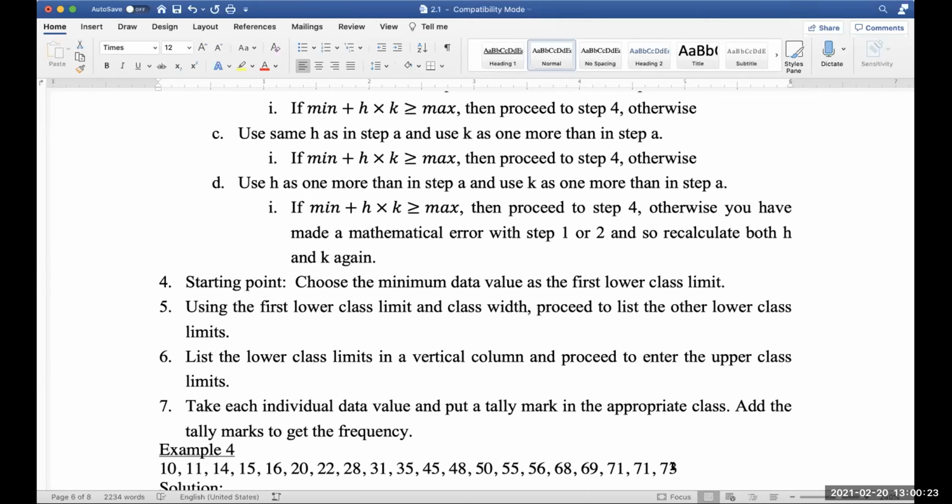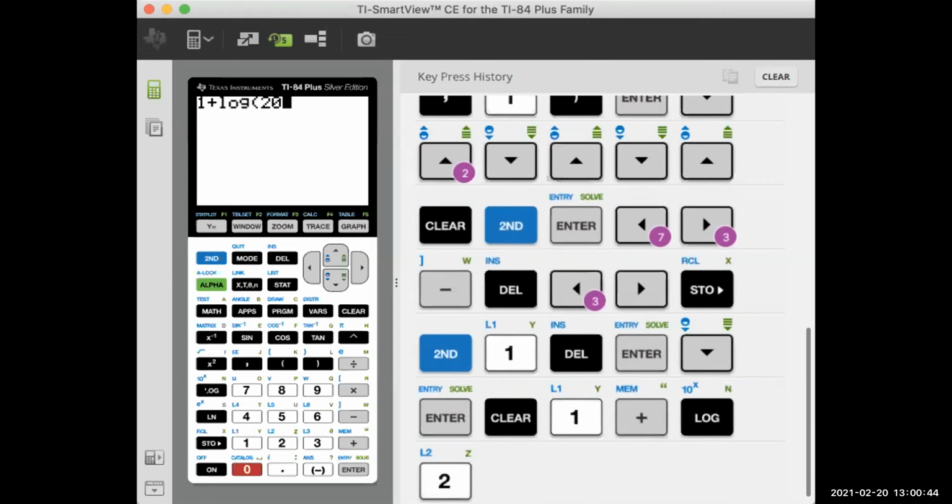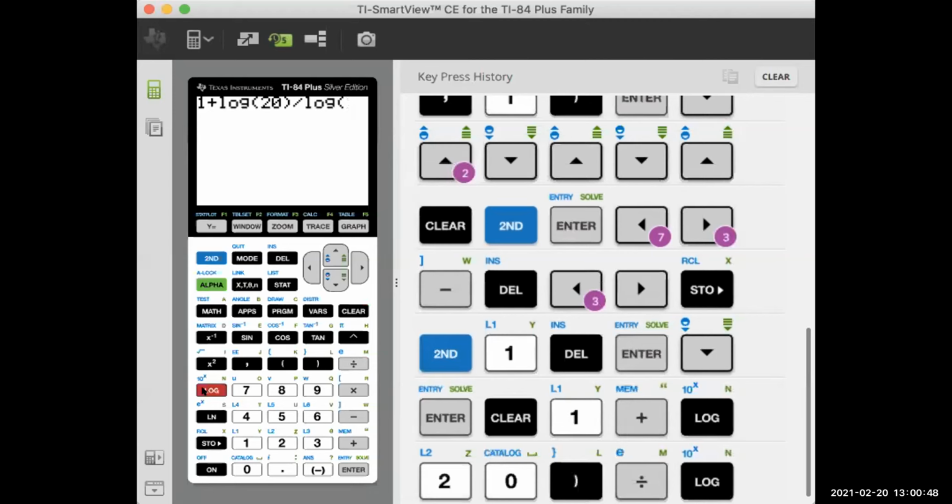So I have 20 numbers. Let me get out my calculator. Everyone should get out their calculator now. Get out your calculator and let's plug this in. I want 1 plus log 20 divided by log 2.